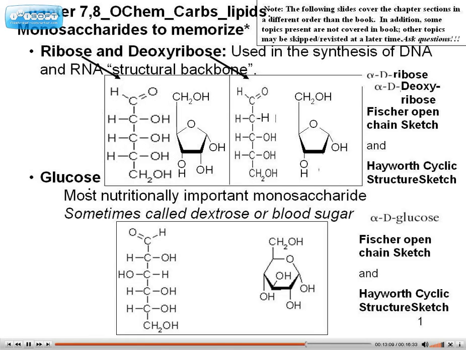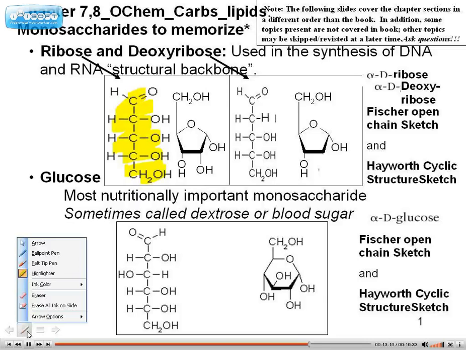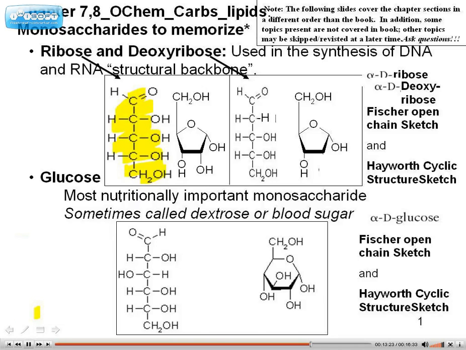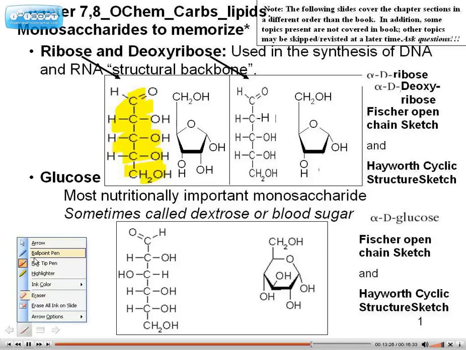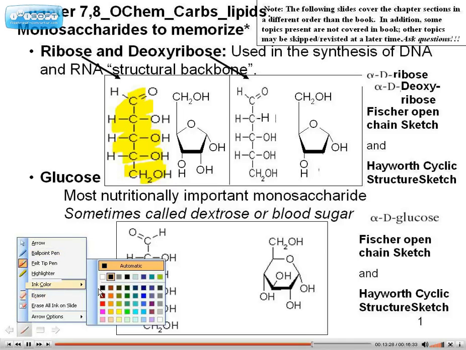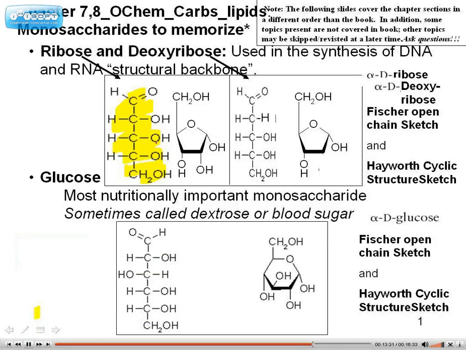Now, if you continue to take a look at ribose, it turns out that these open chain Fischer projection molecules, they love to undergo cyclic hemiacetal reactions. Now, we studied this in the organic chemistry portion in order to make our cyclic hemiacetals or cyclic hemiketals.